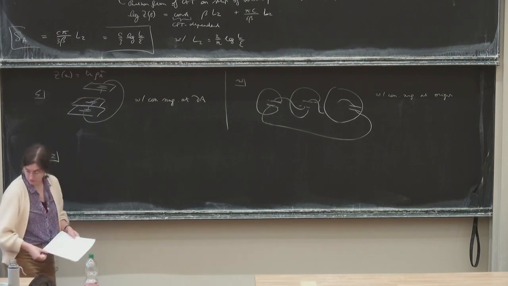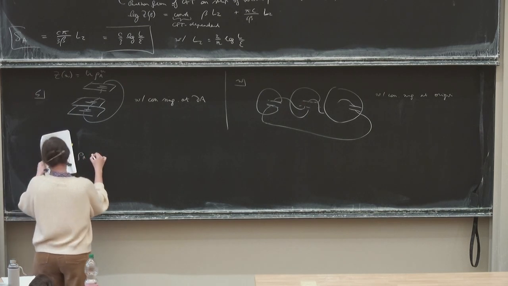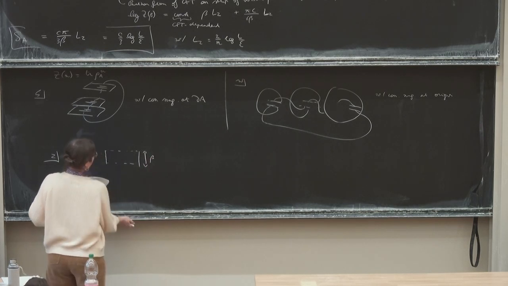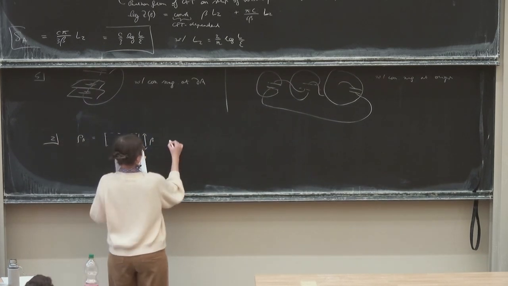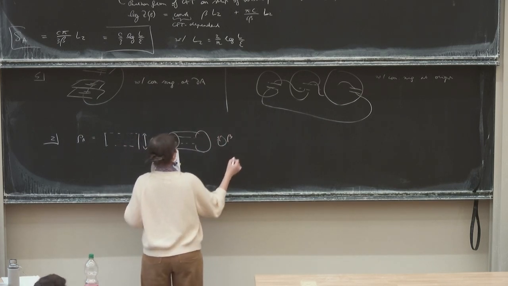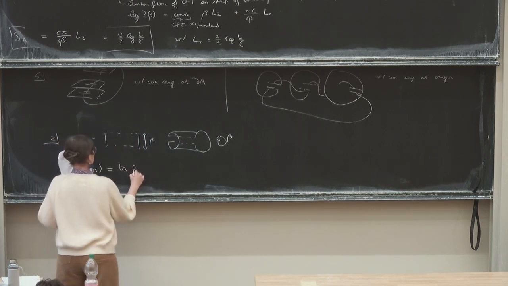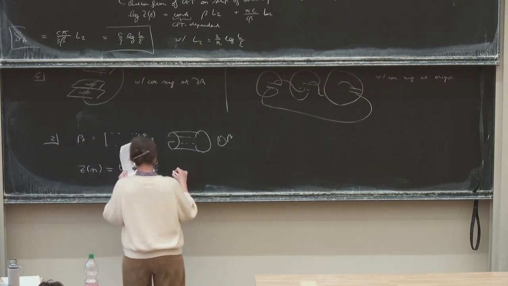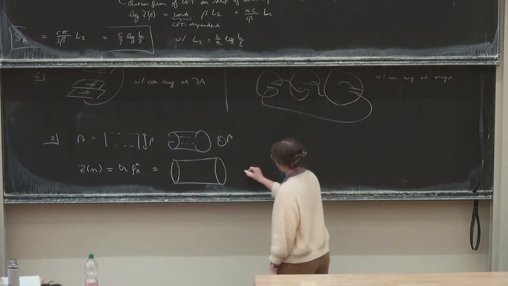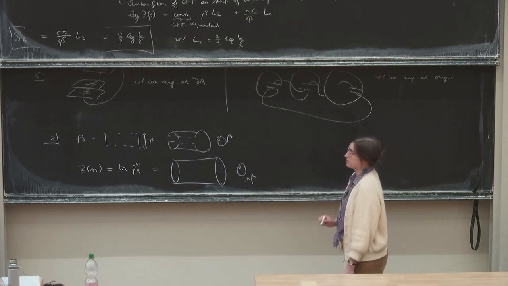So the replica manifold for rho A, being the strip of length beta, or this open cylinder of circumference beta, is just a large cylinder, and by large I mean circumference n times beta.